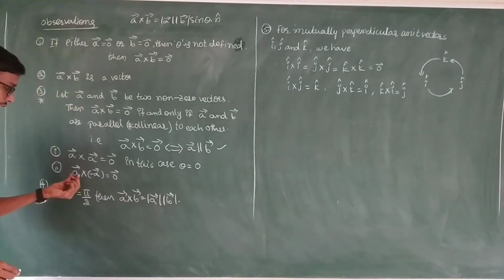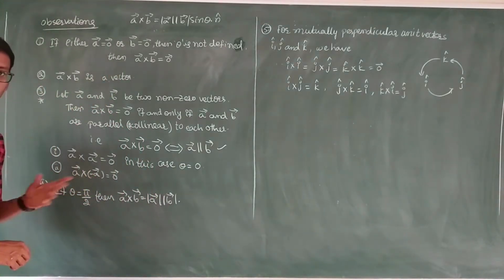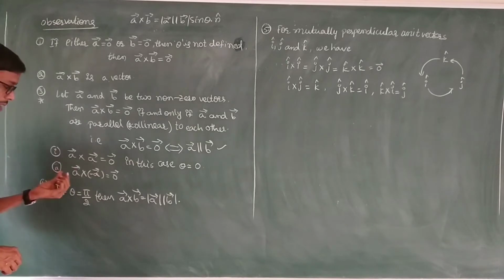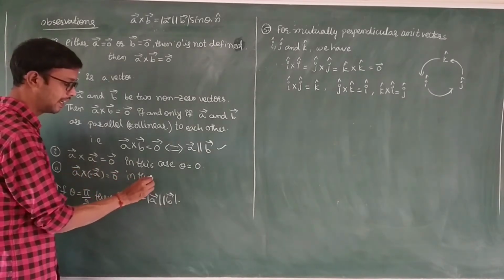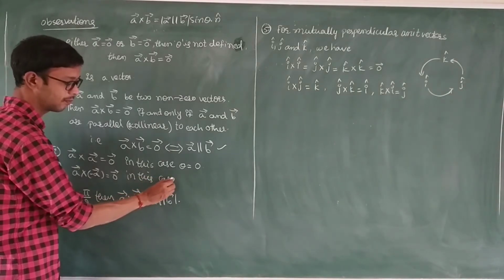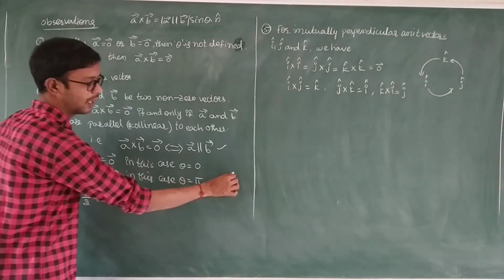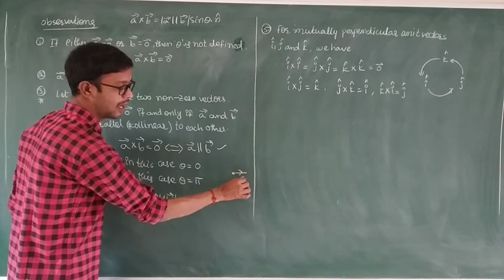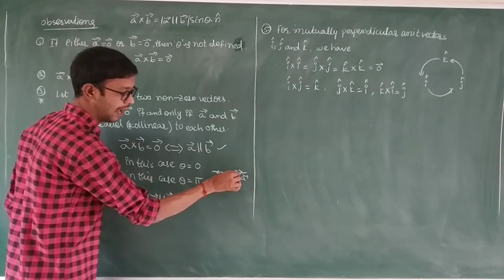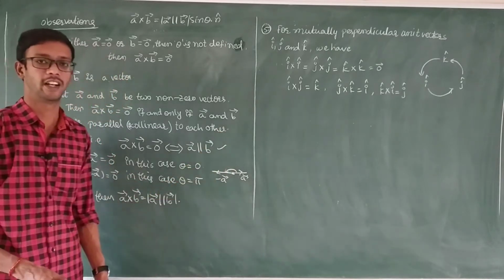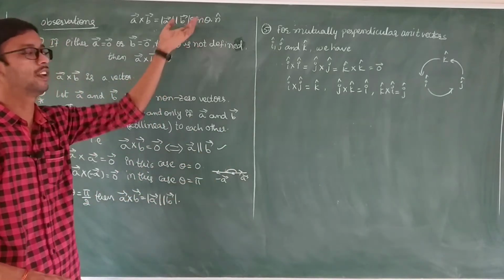Next, A bar cross minus A bar. In this case, what is the angle? Phi will be 180 degrees. Why? Because this is A bar and this is negative A bar. The angle between these two is 180 degrees. Sin 180 degrees is 0.